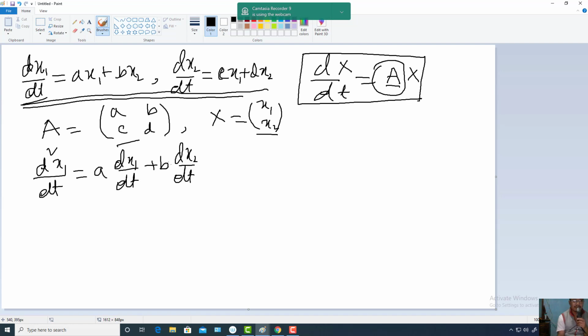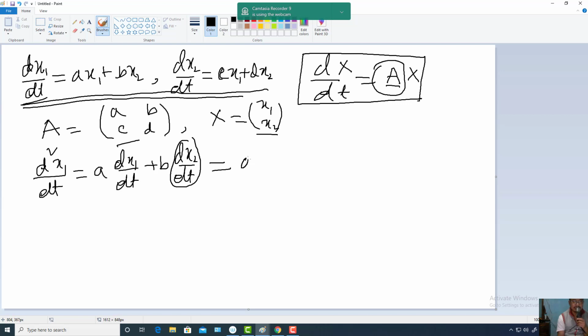So we want to eliminate one variable. Let us eliminate the x2 variable. We don't want this dx2 by dt, so you can substitute this value from here.